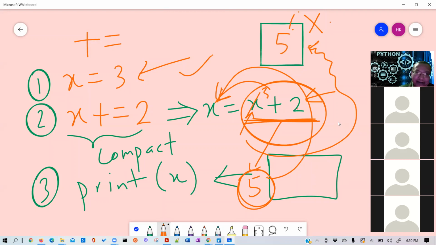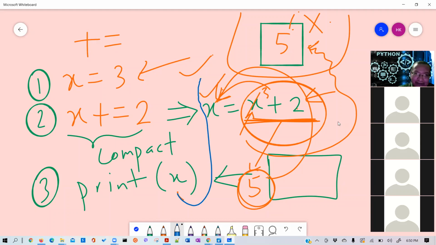After that you come here, you're finished with this part. So what is our memory state right now? The memory state is this. Now when you print x, what happens? The Python execution engine looks at this: oh, it's asking me to print x. So what do I do? I need to go into memory.